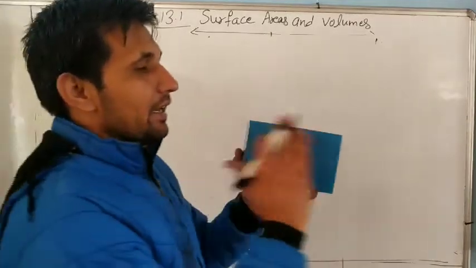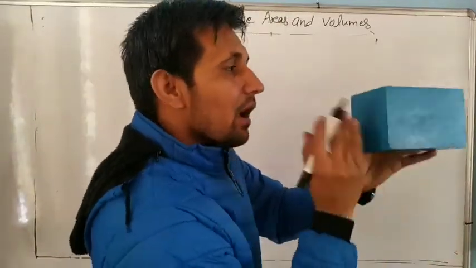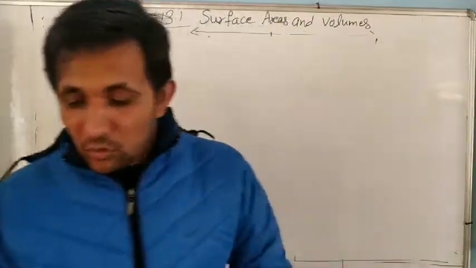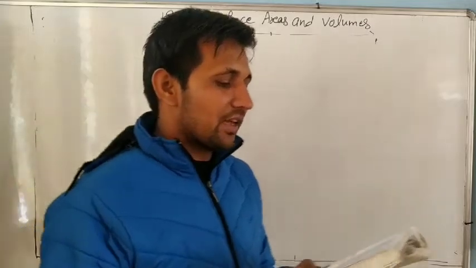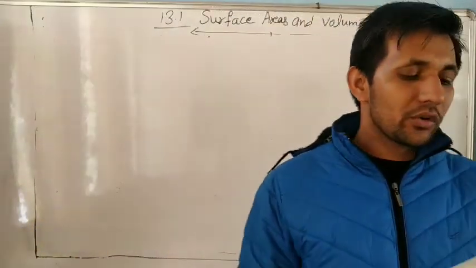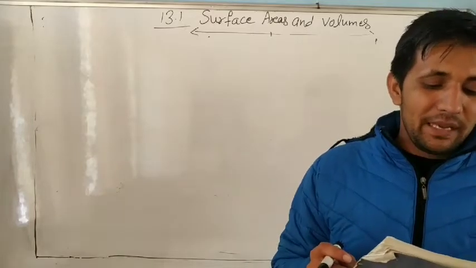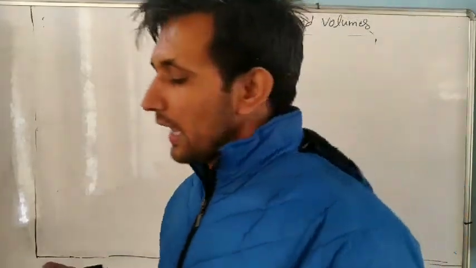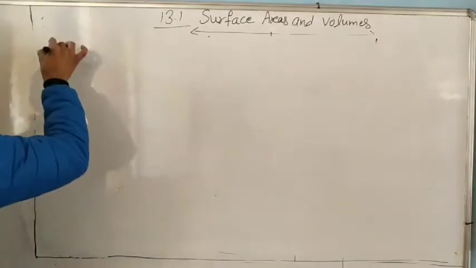The brick is used with its outer boundary, so what we are using is the total surface area. Understand or not? So we will write: how many bricks of the dimensions can be painted?